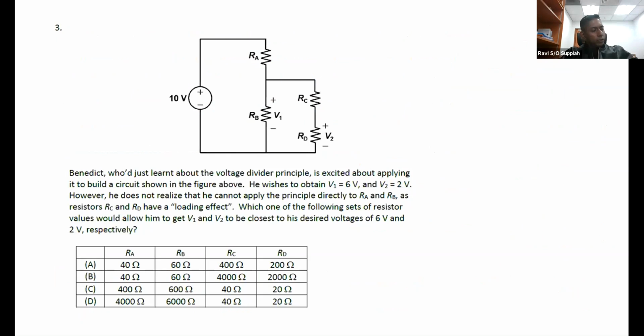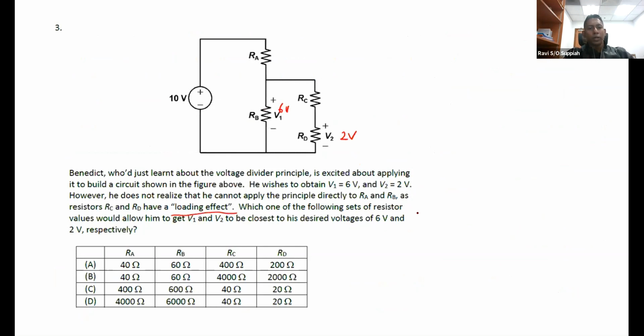So let's look at question 3. In question 3, you are given this circuit, and we want to obtain V1 as 6 volts and V2 as 2 volts. In this, we are talking about something called the loading effect.